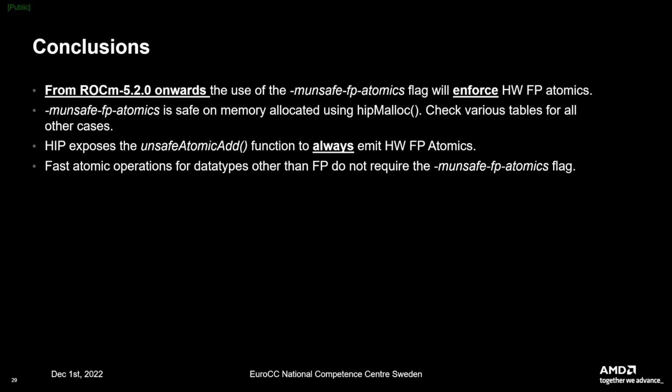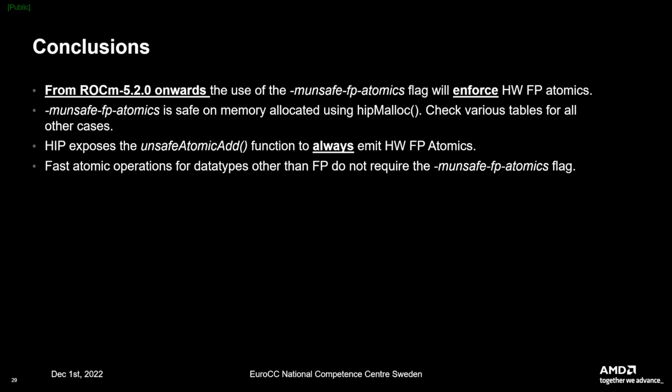Okay, so using that -munsafe-fp-atomics flag will turn on those hardware atomics, and then you need to make sure that your memory is coarse-grained. So you'll have to track any memory you're using. This is only important for memory you're doing atomics on.